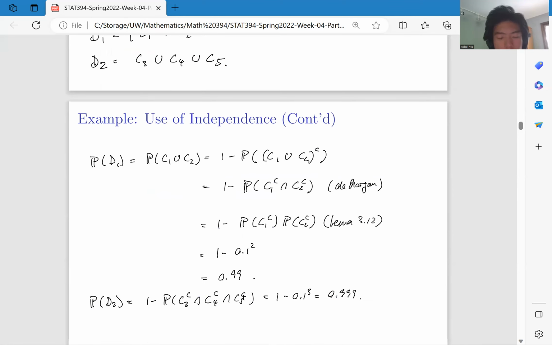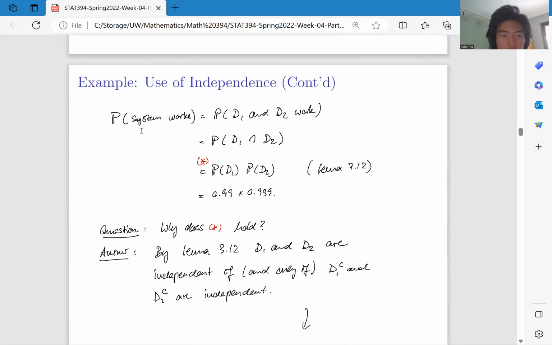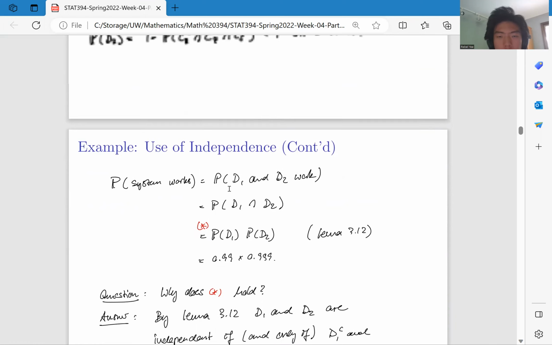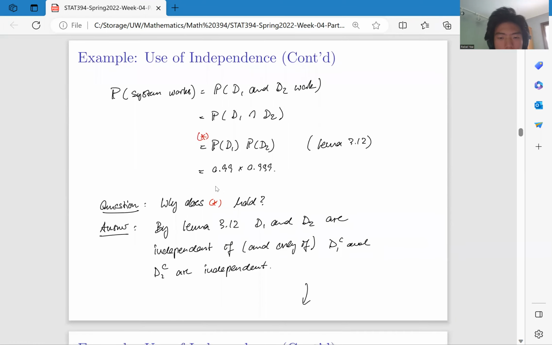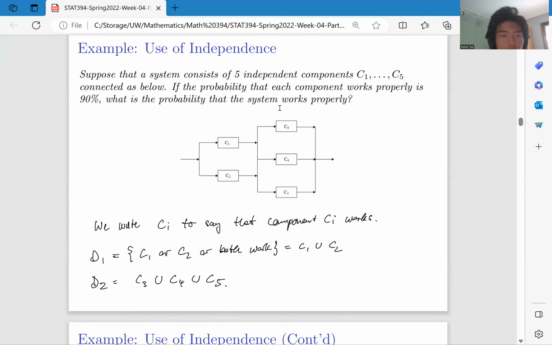And finally, we can use the property to calculate. So the probability that the system works is P of D1 times P of D2, and this is 0.99 times 0.999. So we get the solution for this system example.